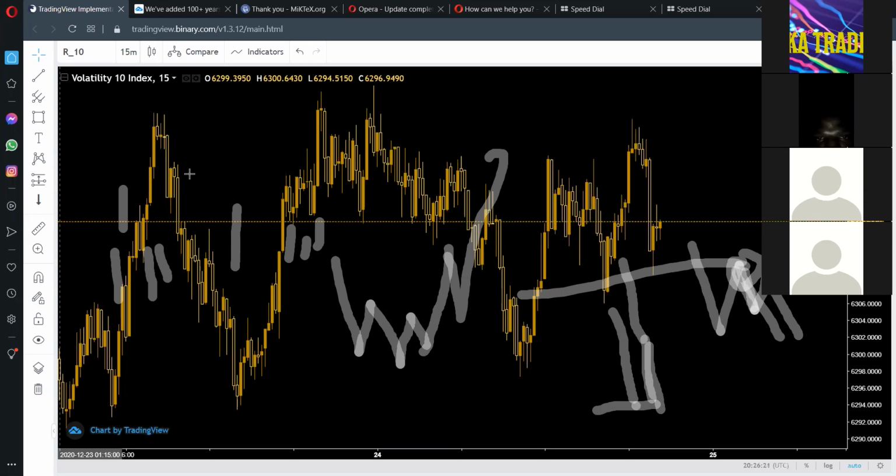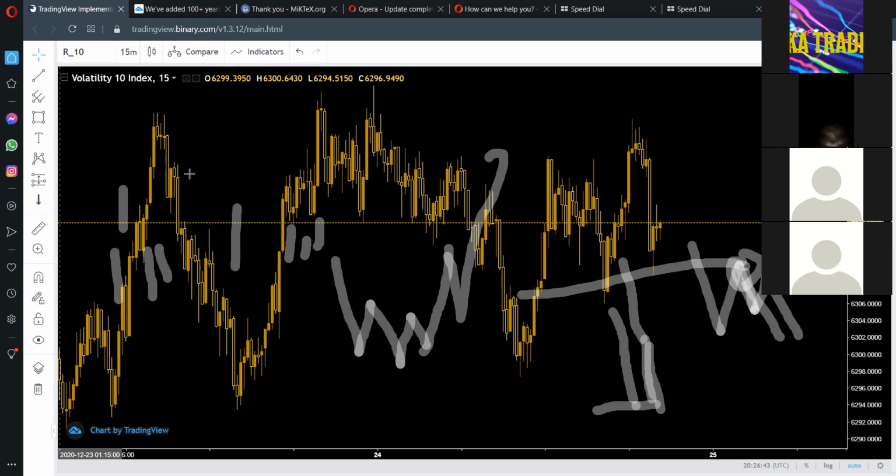Everybody has his or her own strategy. So if the chart is not following your strategy, you must stay away from that pair or that instrument. You must always follow the chart that follows your strategy.